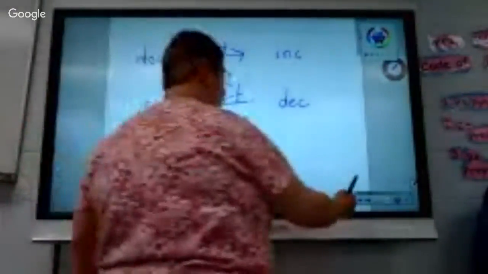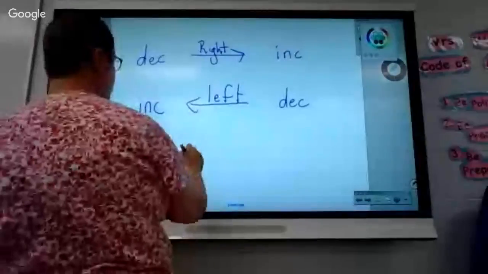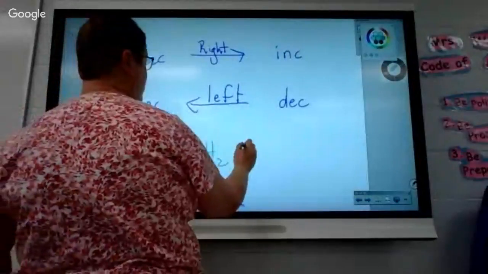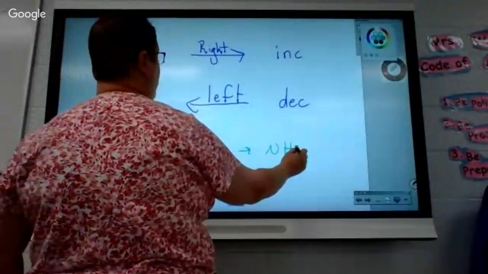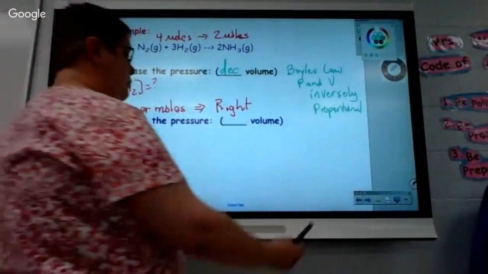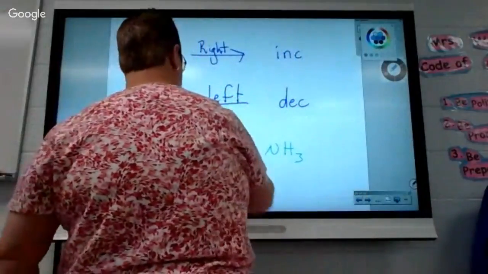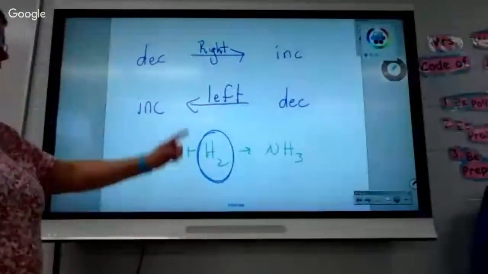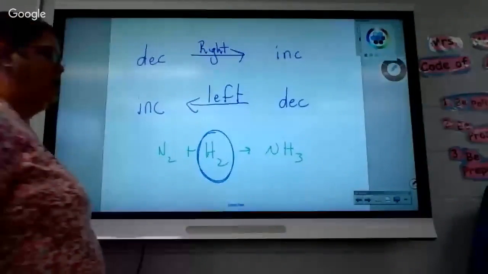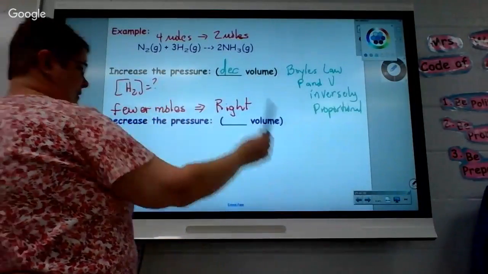So, if we write the equation again, we have N2 plus H2 goes to NH3. Coefficients don't even matter. I'm asking you what happened to H2, so I'm talking about hydrogen right here. I want to know what happened to its concentration. Y'all said it shifted which way? It shifts to the right.